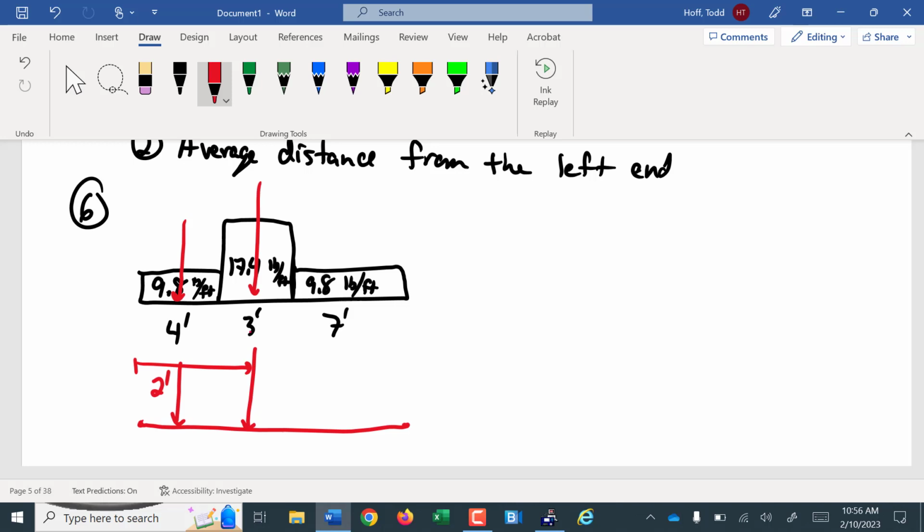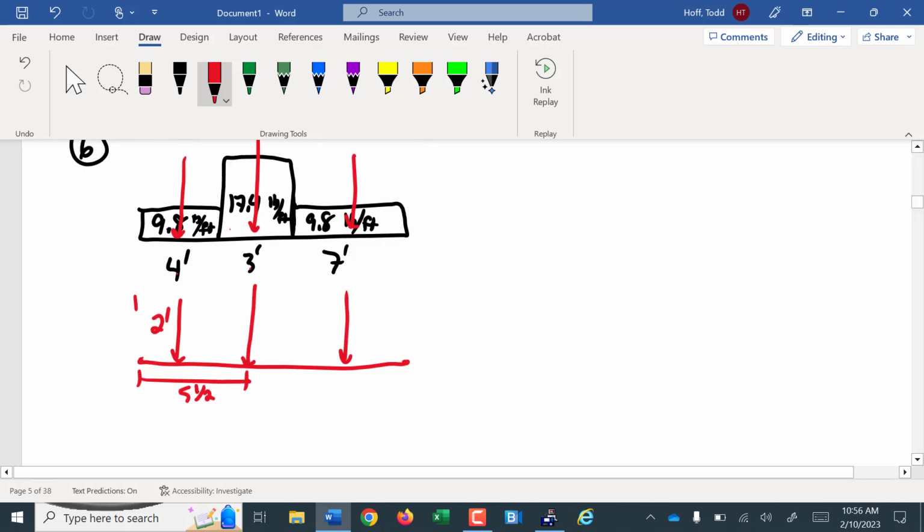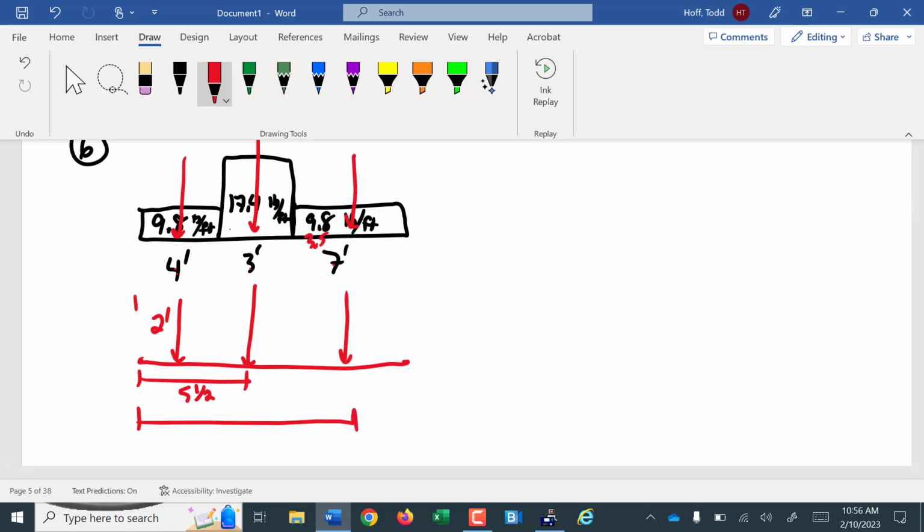Half of 3 is 1.5 plus the 4 makes that 5.5 feet from the left end. Then the next one will be here. What's that location from the left end? Yes. Half of 7 is 3.5. 4 plus 3 is 7, plus 3.5 is 10.5, 10.5 feet.